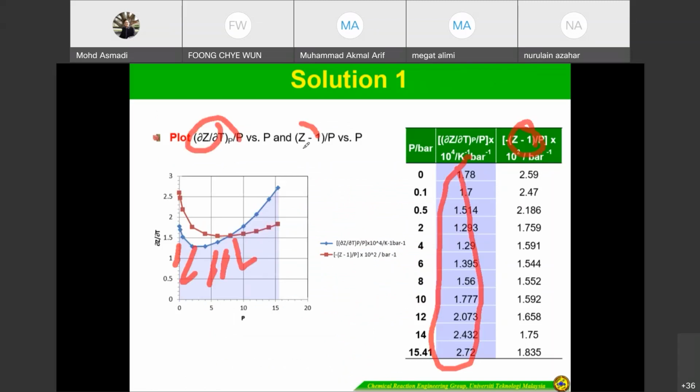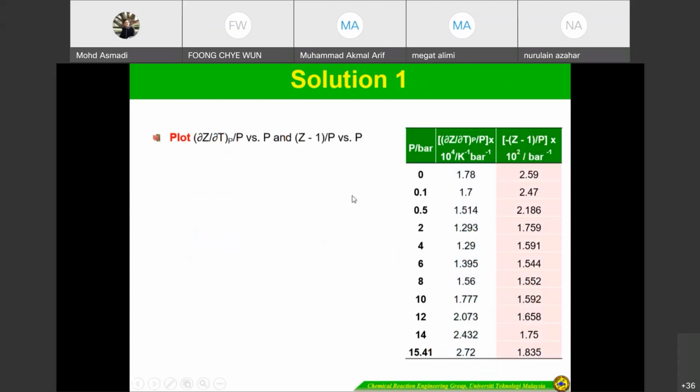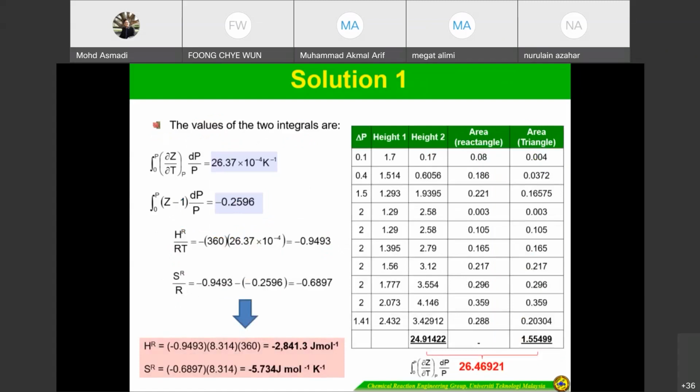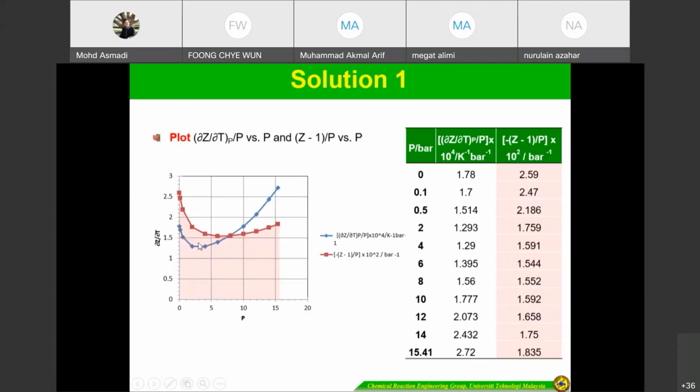Similarly for the red one, you have to calculate just to get the area under the graph. Integration actually, you know, right, delta Z delta P is the area under the graph. So once you determine it, you have to calculate the area of this graph.